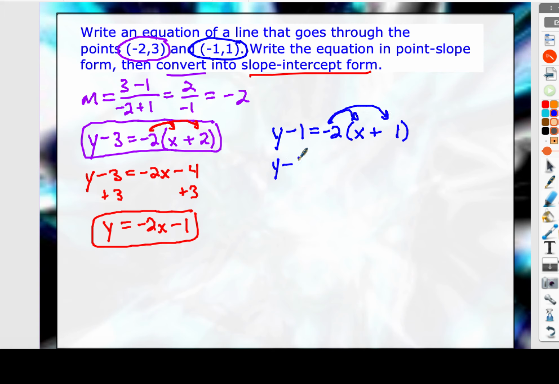So y minus 1 equals negative 2x. Negative 2 times 1 would be minus 2. If I add 1 to both sides, then y equals negative 2x, right? Negative 1 plus 1 disappeared on the left. Negative 2 plus 1 is negative 1 on the right. And notice that we got the exact same equation.